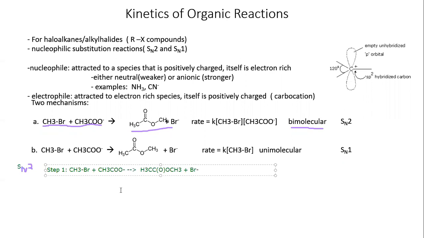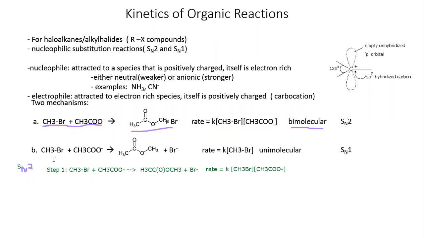So if it's SN2, it's a one-step mechanism, and then we get the rate is k. So that would be the mechanism for an SN2. It's just a one-step mechanism. And notice that the rate law has no reaction intermediates.